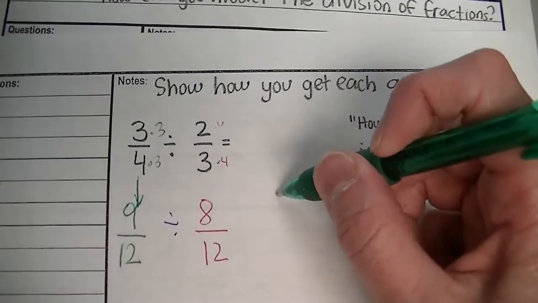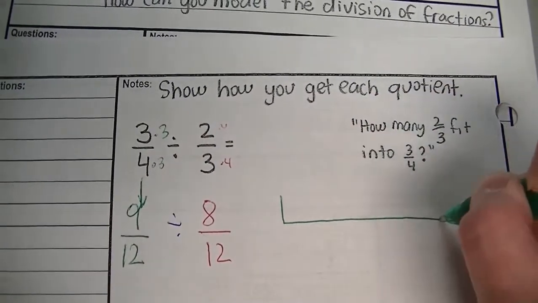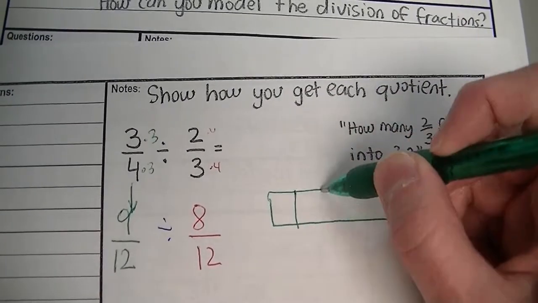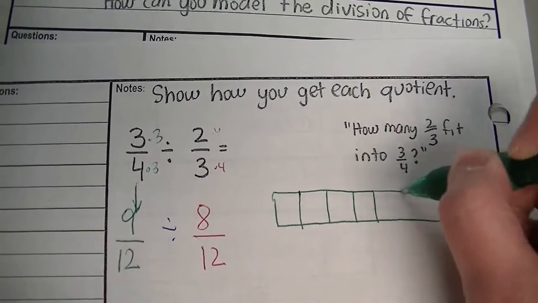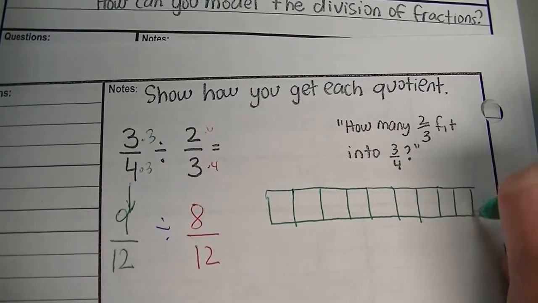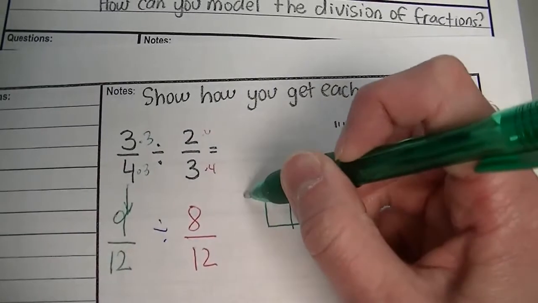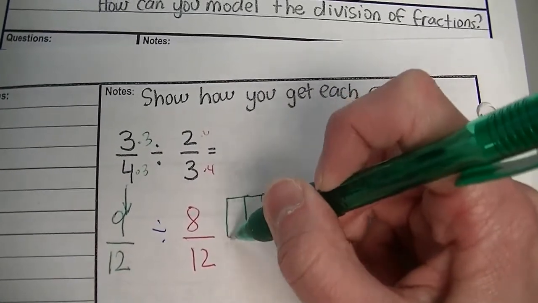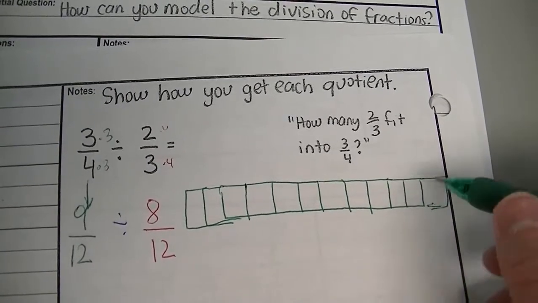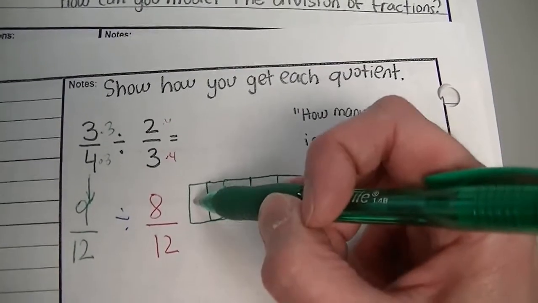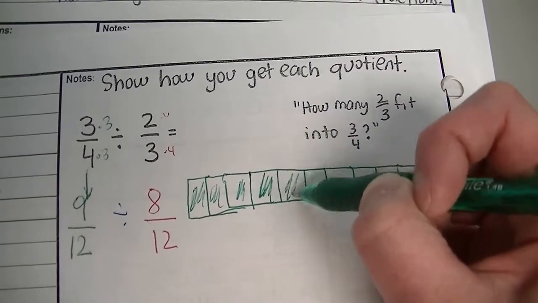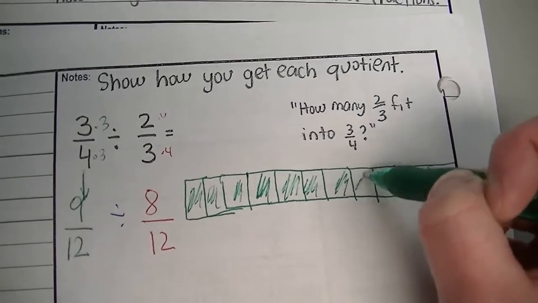I need to draw it out though. And you have 12 pieces. Okay, pretend those are all the same exact size. I need to circle 9 of them, or fill in 9 of them. 1, 2, 3.